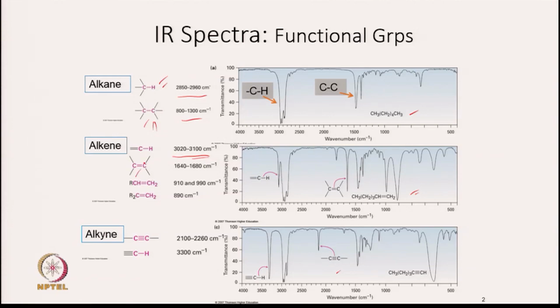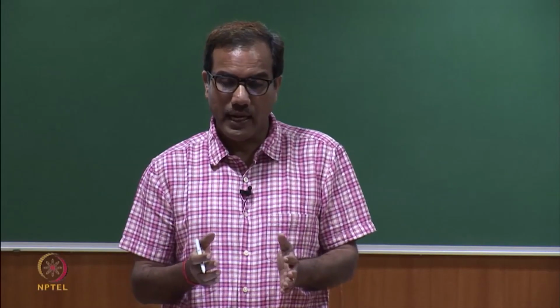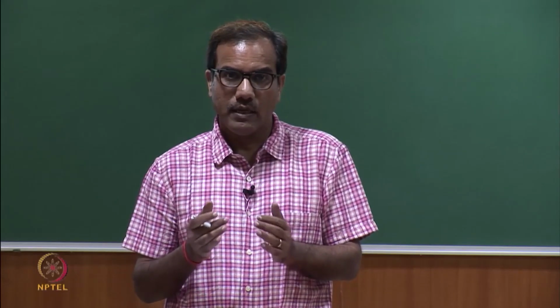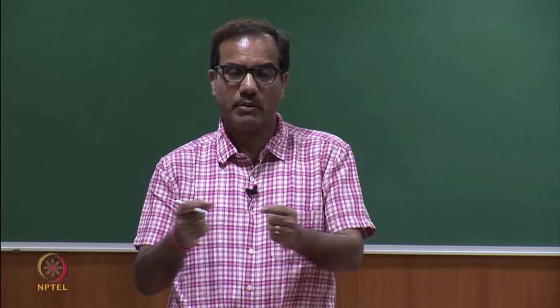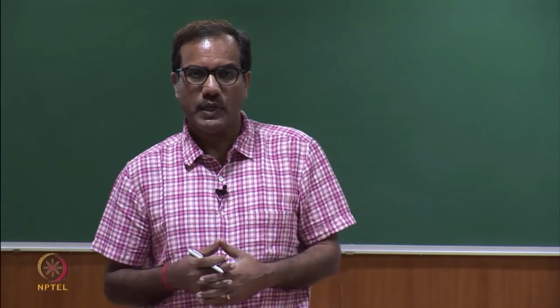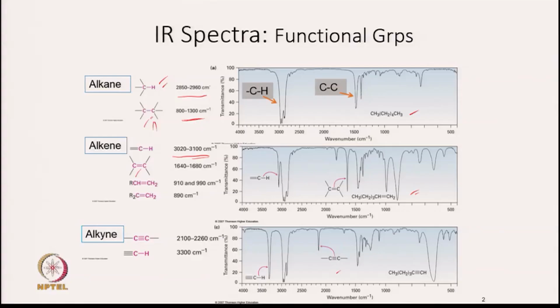Here there is a double bond between C and C in case of alkene, and so bond strength between C and C will be higher in case of alkene in comparison to alkane, and so your wave number is going to be higher, and that is why you can see that CC bond in alkane is at frequency 800 to 1300 centimeter inverse, where C double bond C in alkene comes at 1640 to 1680 centimeter inverse.